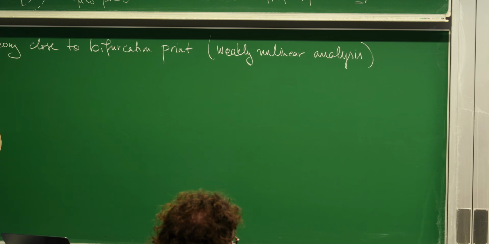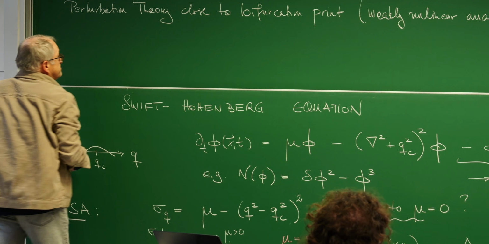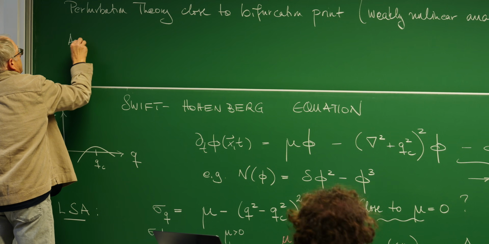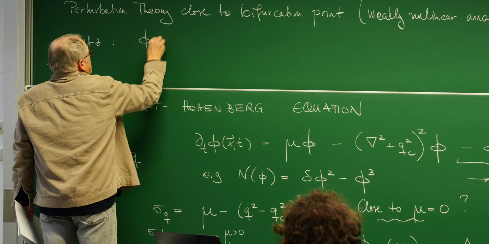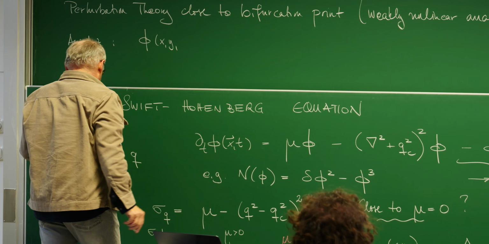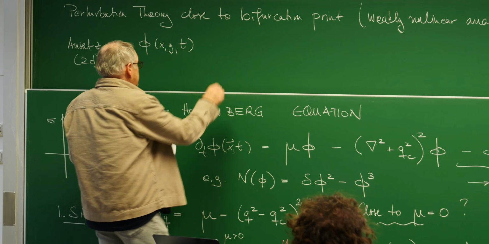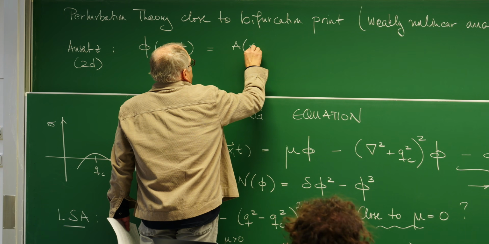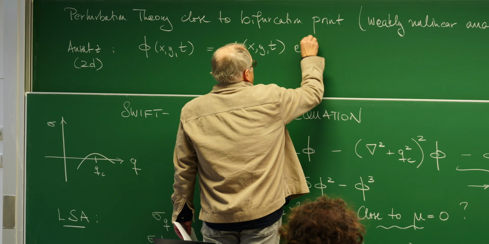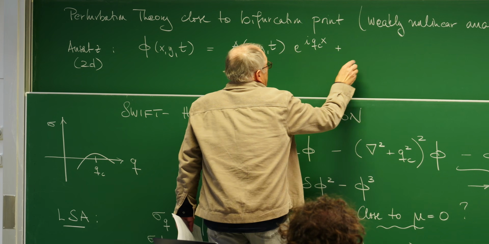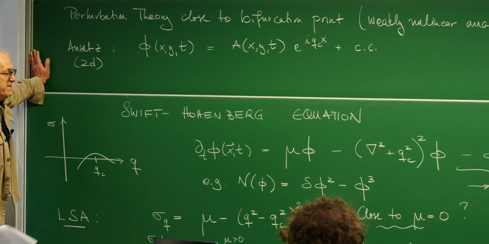Let's write this down. So we make an ansatz such that close to the bifurcation point, the solution, this is now for a 2D system, is an envelope function, an amplitude function, times a carrier wave, and the other term is just the complex conjugate of it to make the whole expression real.